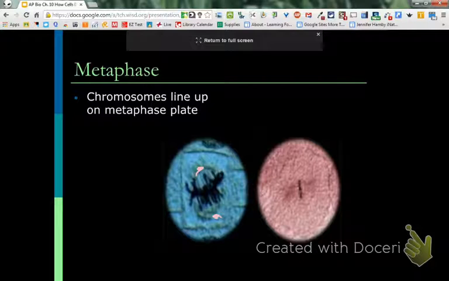Can you all see the spindle fibers now from the centrioles? So this is the centriole line. That metaphase plate is perpendicular to that. That's why they're all lined up on that line. And this is where cleavage will occur. This is where that new plant cell wall will occur as well, because of the pinching.